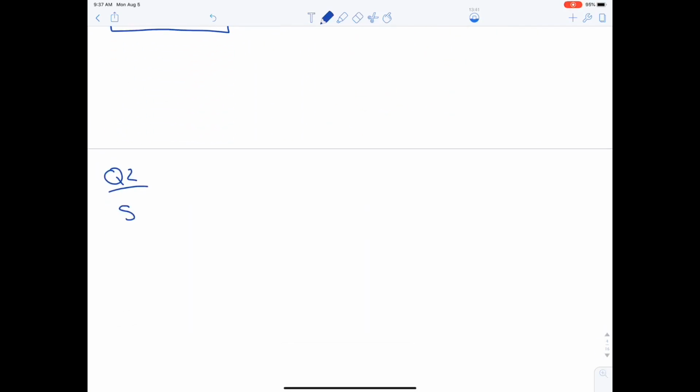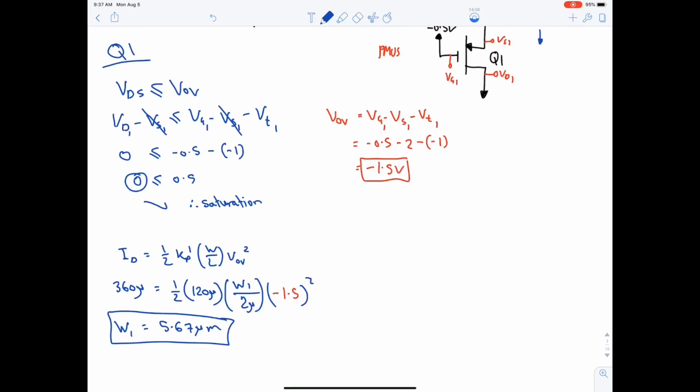So you can just say saturation because of the connection between VG and VD. Okay, so now we're done with the mode.